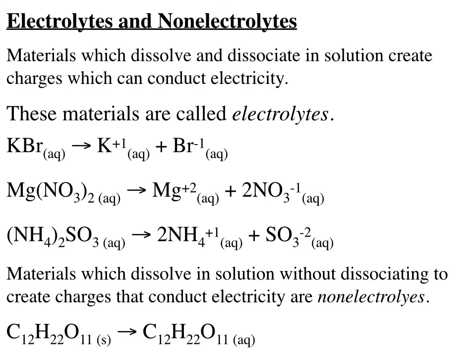So when they come apart, they form K+ and Br- in solution. Compare that to, say, dissolving MgO. Even though that's a 1-to-1 species, you should be able to recognize that because Mg is in column 2 and O is in column 16, Mg prefers to be +2 and O prefers to be -2. So if I were to write the dissociation of MgO, it would be Mg 2+ and O 2-.